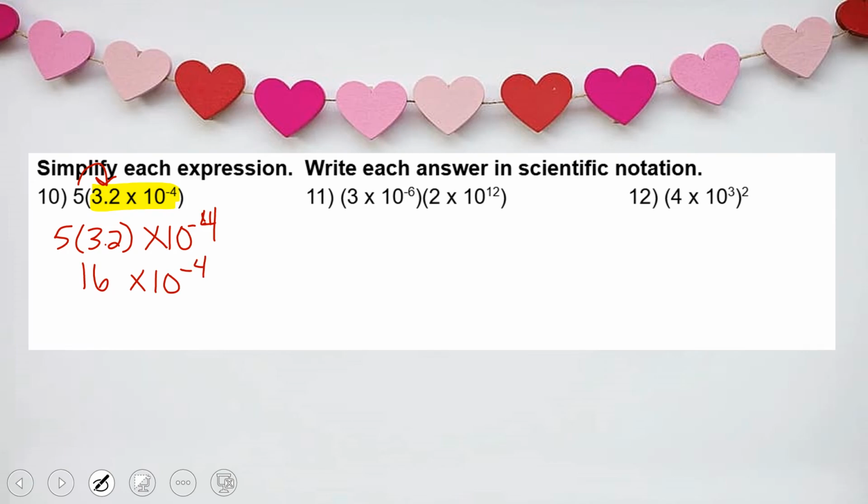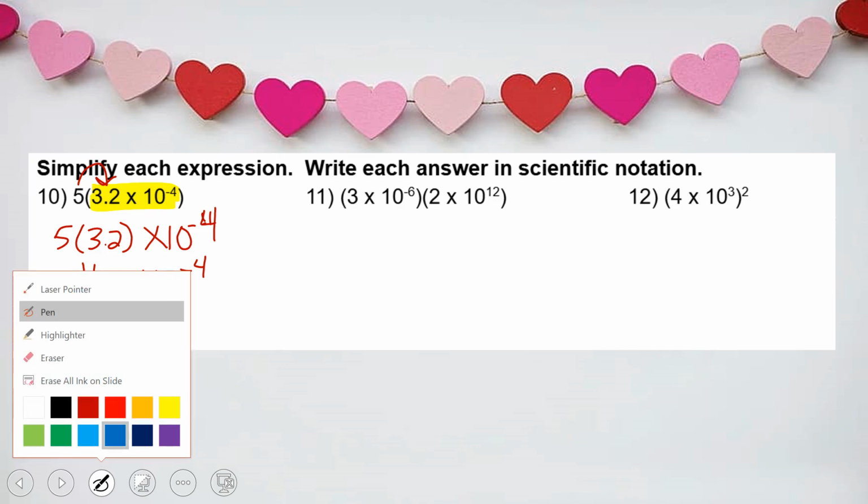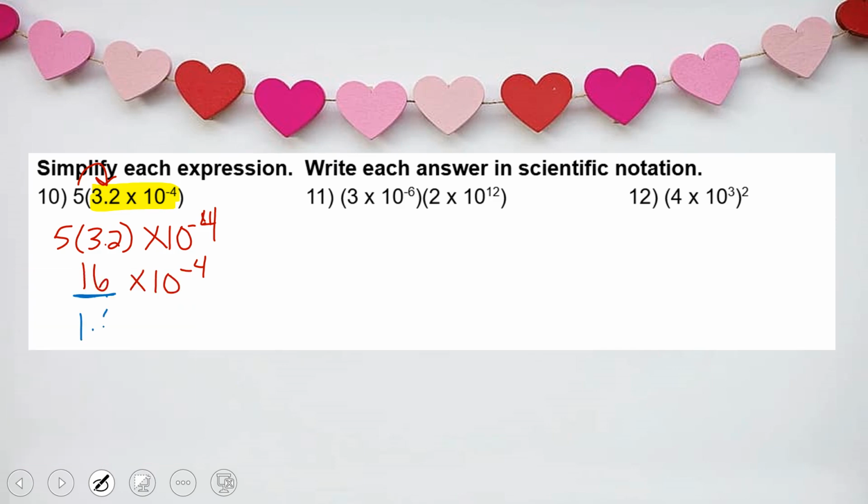And if we stopped here, we would be close, but we are not in proper notation. This is not proper scientific notation because this right here is larger than 10. So to move the decimal in order to make it proper notation, this would be a 1.6.